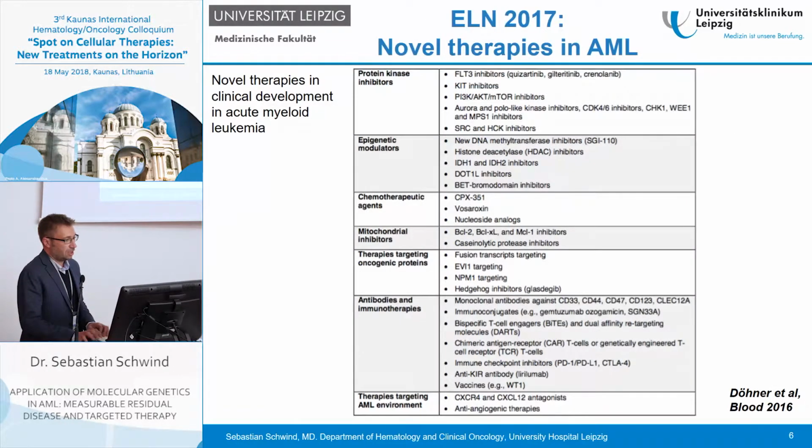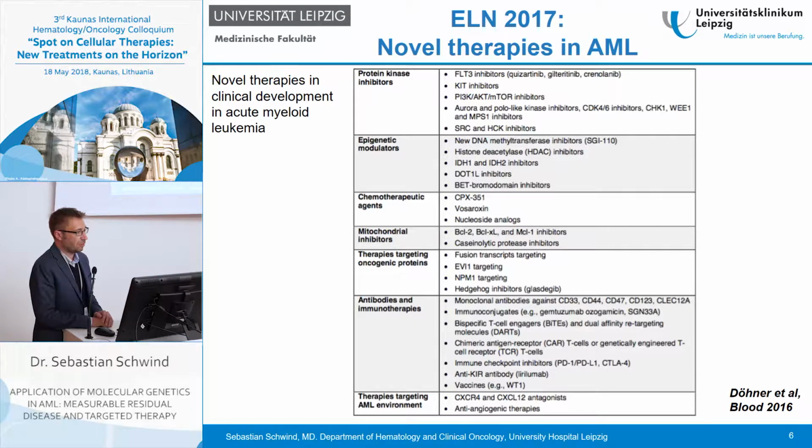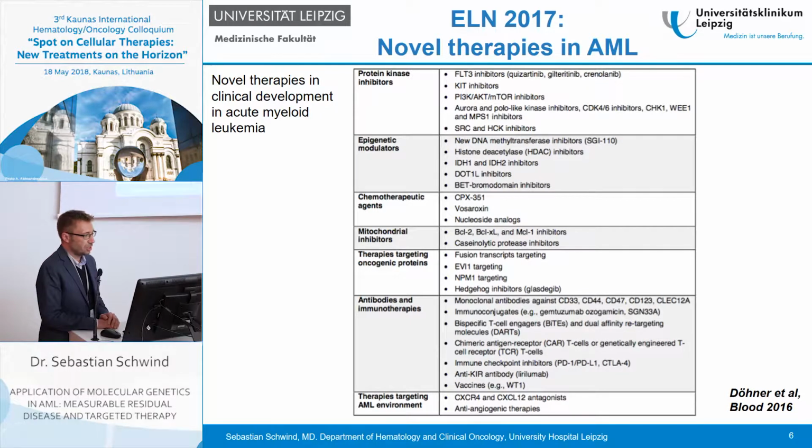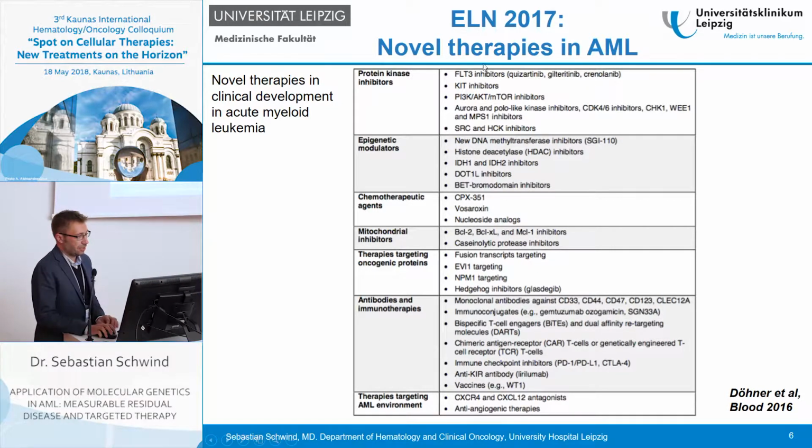Another thing is that all the biological insights that we have gained over the past years have led to the development of new therapeutic agents. This is led by the development of FLT3 inhibitors. Last year, the midostaurin paper came out, which was basically the first targeted therapy option that actually led to overall survival benefits in AML patients since basically the introduction of induction therapy.